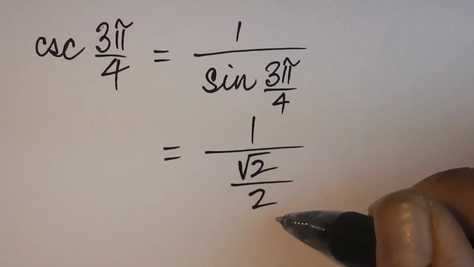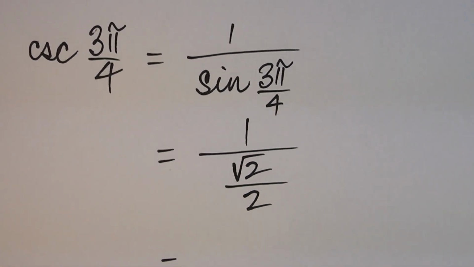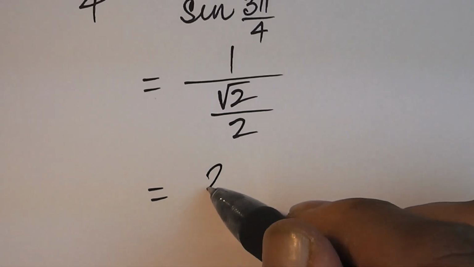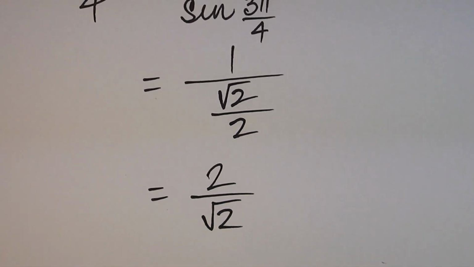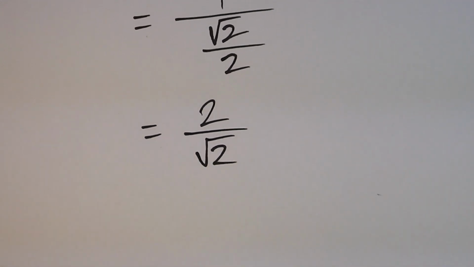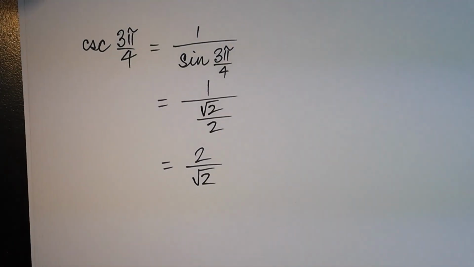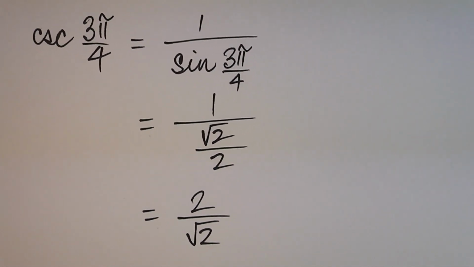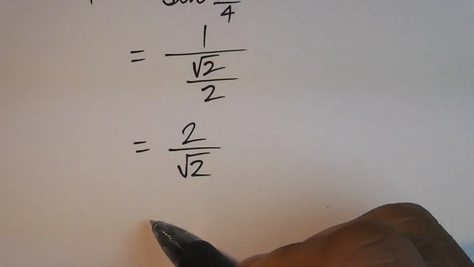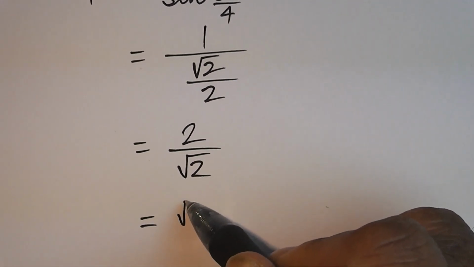So when you take the reciprocal of that, what you're going to wind up getting is 2 over radical 2. So 2 over radical 2 is going to simplify to radical 2.